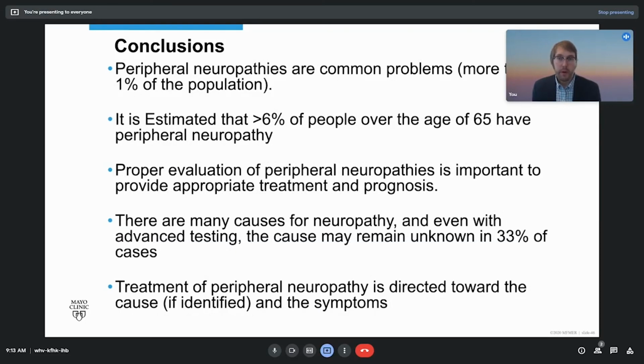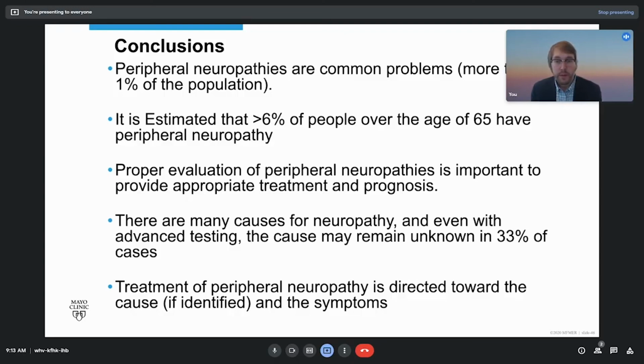So, in summary, peripheral neuropathies are very common problems, more than 1% of the population. It is estimated that greater than 6% of people over the age of 65 have a peripheral neuropathy of some kind. Proper evaluation of peripheral neuropathies is important to provide appropriate treatment and prognosis, and so that means seeking medical attention if you feel the symptoms of neuropathy, such as numbness, weakness, tingling, or burning.